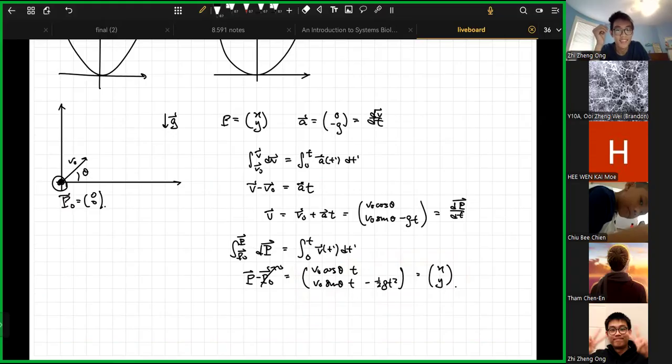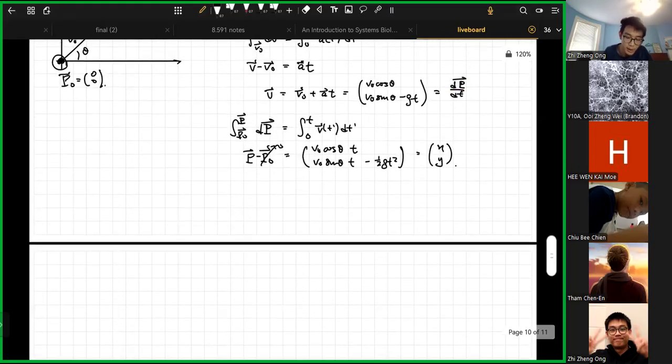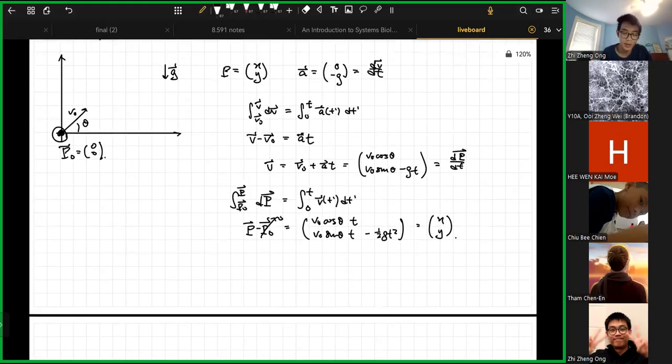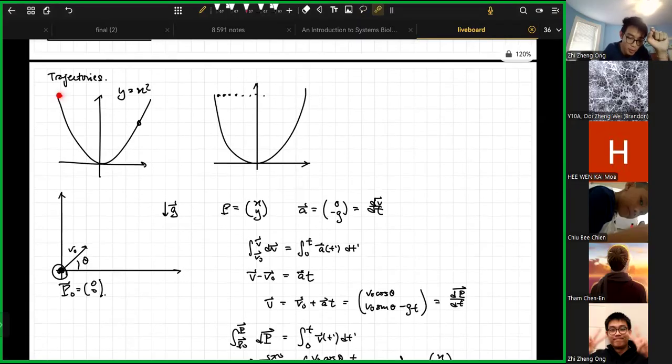Let's see. Make a new page. Okay. So let's remind ourselves of the goal here. Just like how you can sample points along this parabola and ask yourself, is this y equals x squared?